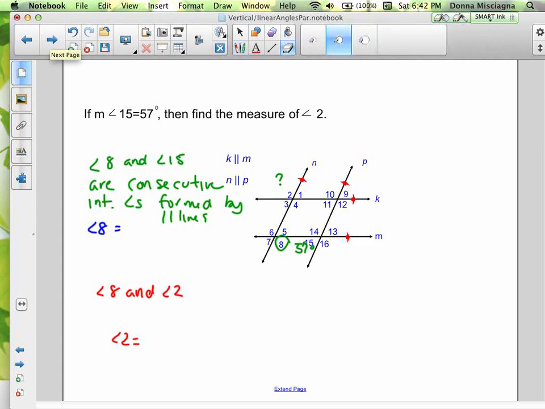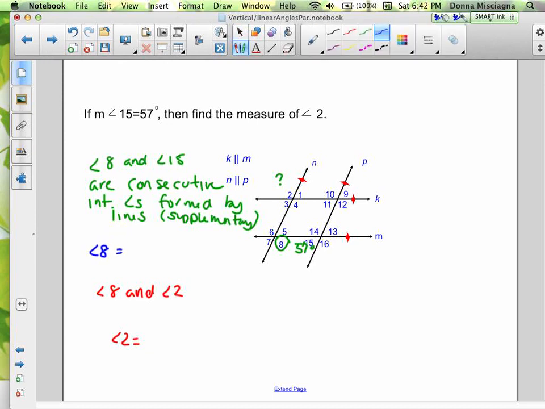I'll give myself a little bit more space because I need to write down the relationship. Consecutive interior angles are supplementary. So let's find the measure of angle 8. I'm going to move this down a little bit.